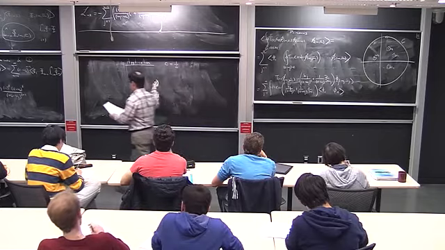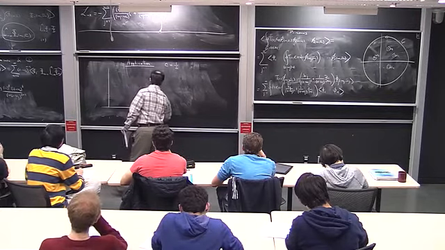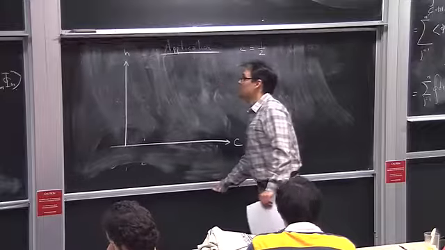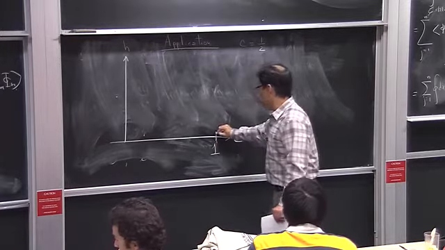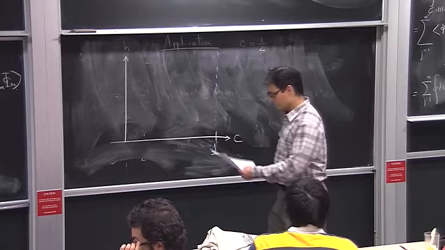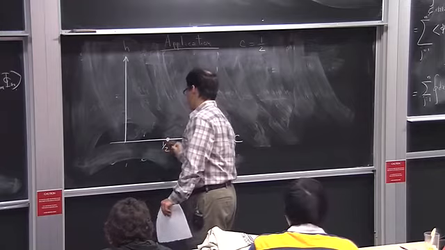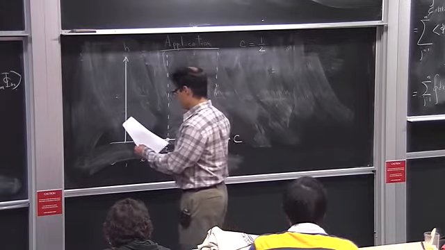Okay, so let me remind you why this one was nice. If you remember, we studied yesterday this plot of possible c's and h's. c equals 1 was a very special point, that's why you said it. That's why we're going to study c equals a half, which was here.